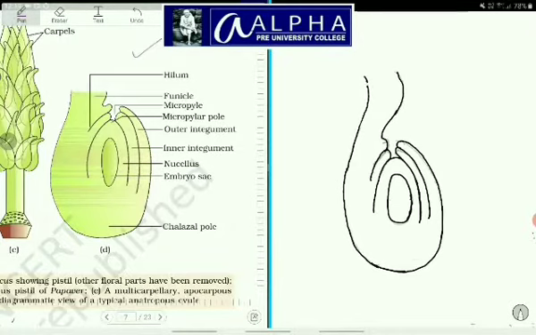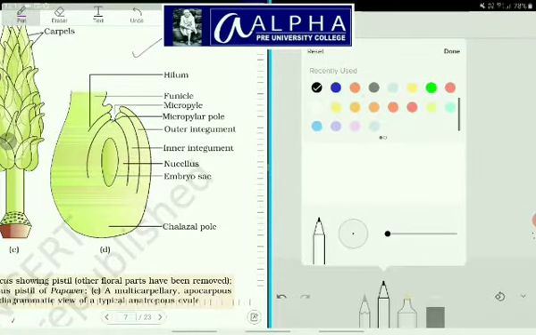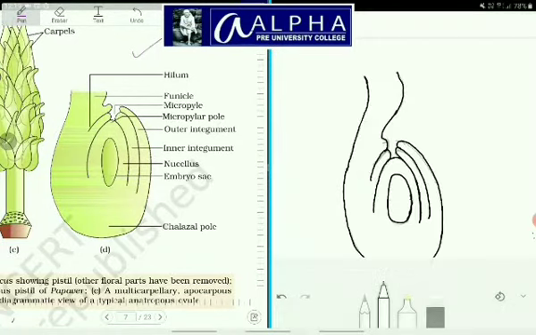Okay, now the structure of a typical Anatropous ovule is there with us. I'm going to label the parts.